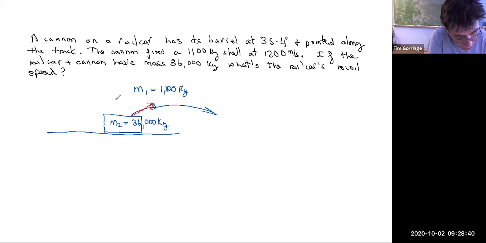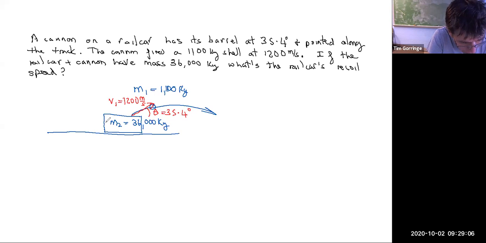And we know the magnitude of the velocity vector was 1,200 meters per second, the moment it was fired. And we know that the angle of the velocity vector was 35.4 degrees at the moment it was fired.